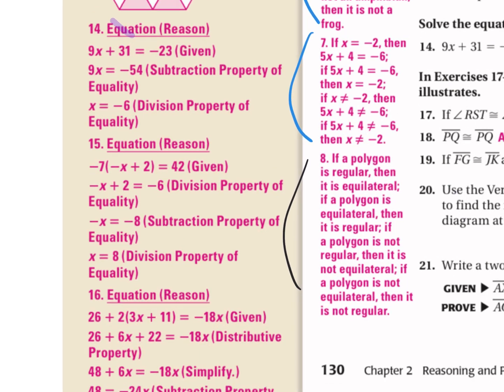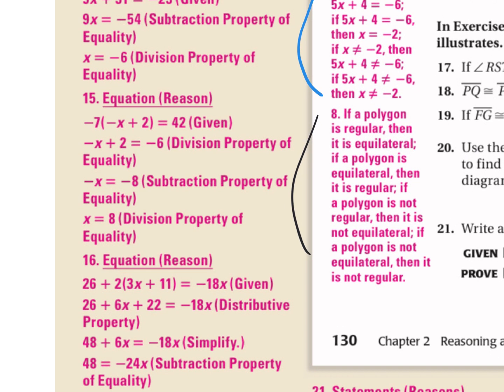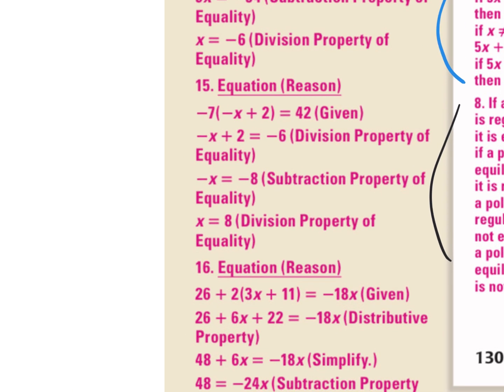Then number 15, this one, they actually divided by -7. In this particular question, you could have also done distributive property, and you could have distributed the -7 instead of dividing. So that's the other way to do it. So if you did this and your reason was distributive, that was fine as well.